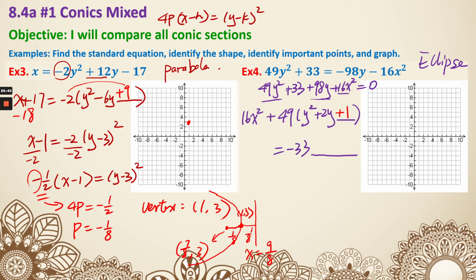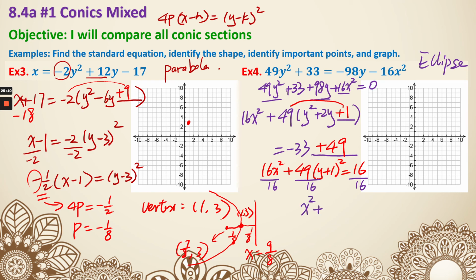The number that goes into the blank is going to be 1 times 49, which is a plus 49. So we have 16x squared plus 49 times y plus 1 squared equals 16. But remember, we need the right side to be a 1. So now we are going to divide everything by 16.